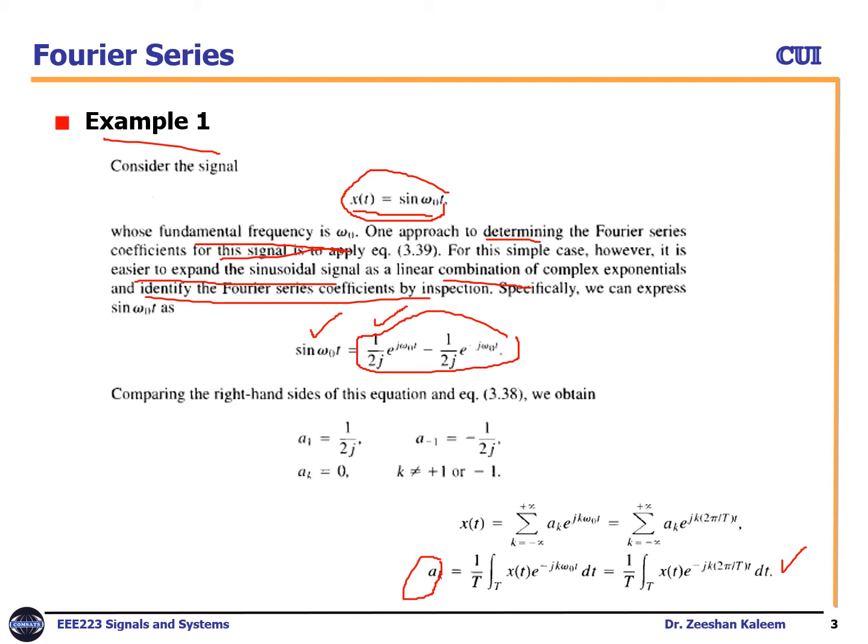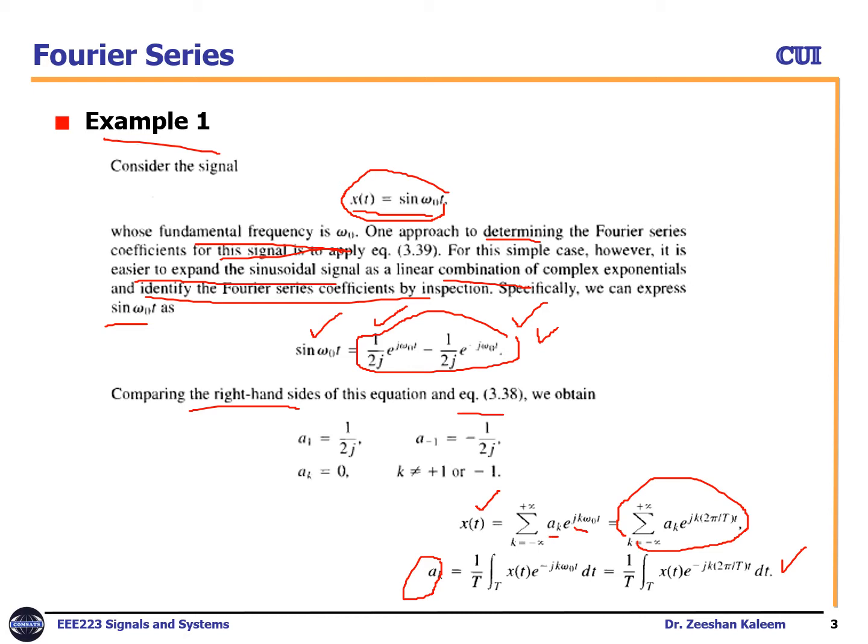Specifically, we can express sine omega naught t as 1 over 2j e^(j omega naught t) minus 1 over 2j e^(minus j omega naught t). Comparing the right hand side of this equation with equation 3.38, you can clearly notice that a_k with k equal to 1 gives a_1 e^(j omega naught t).